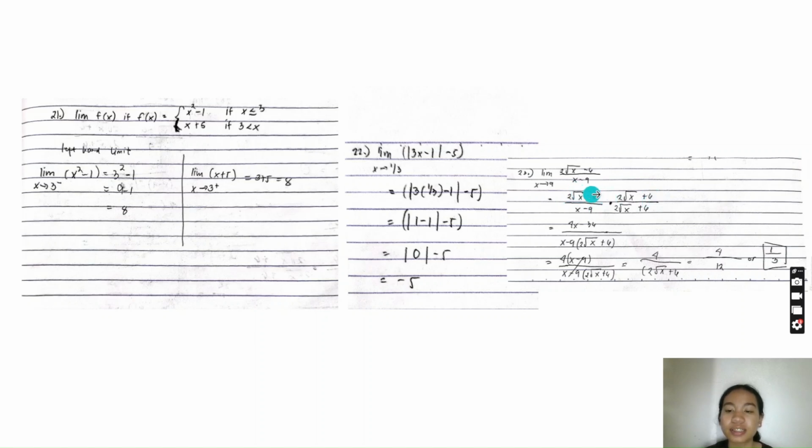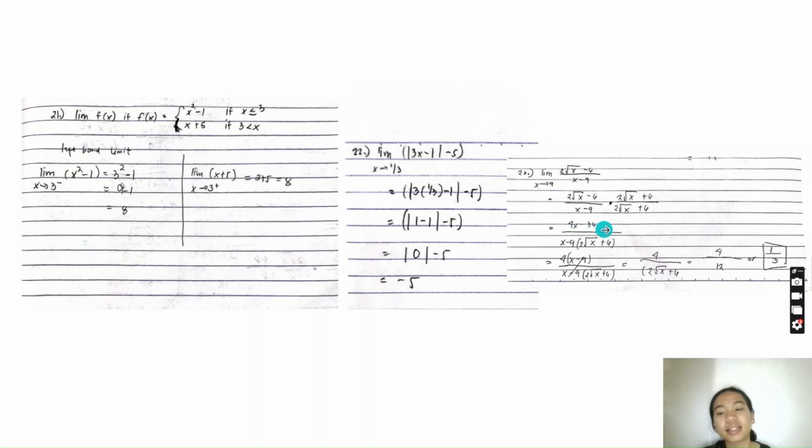Then we will just copy the numerator times the numerator with having the same values and with the denominator as well. In this case, 2 times square root of x minus 6 times 2 times square root of x plus 6, that gives us 4x minus 36.